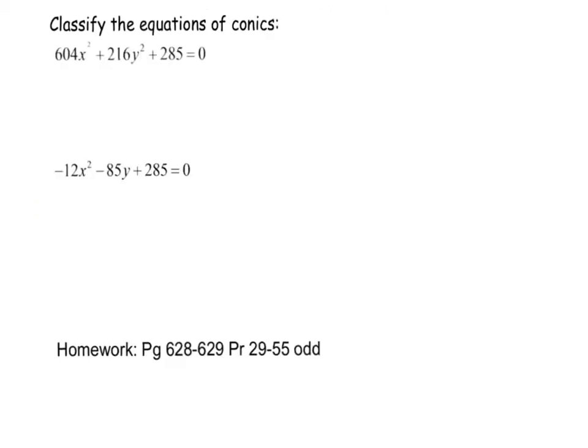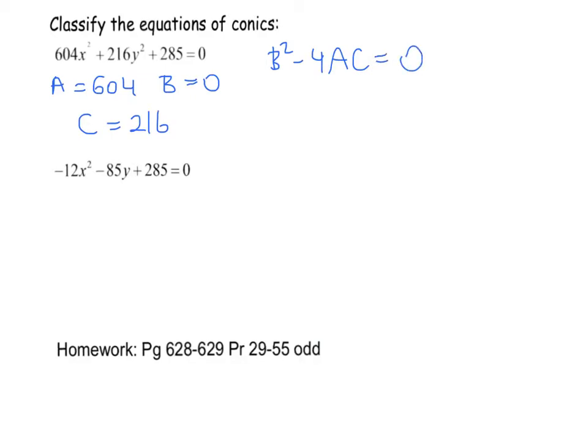On these last two questions, we have to classify the conic sections. So I'm just going to say A equals 604, B as always is 0, and C will equal 216. So B squared minus 4 times A times C will be 0 minus 4 times 604 times 216.